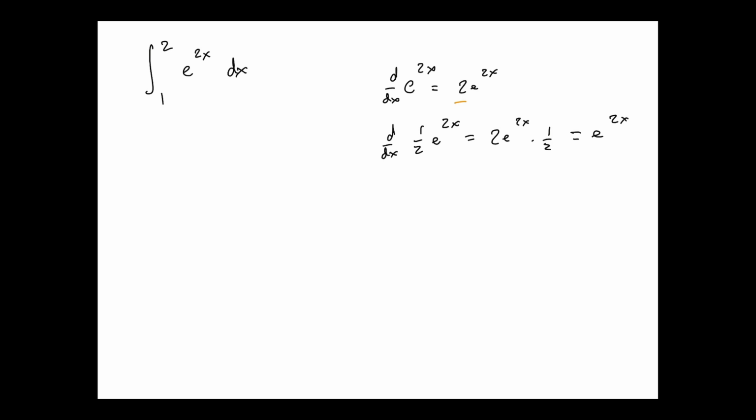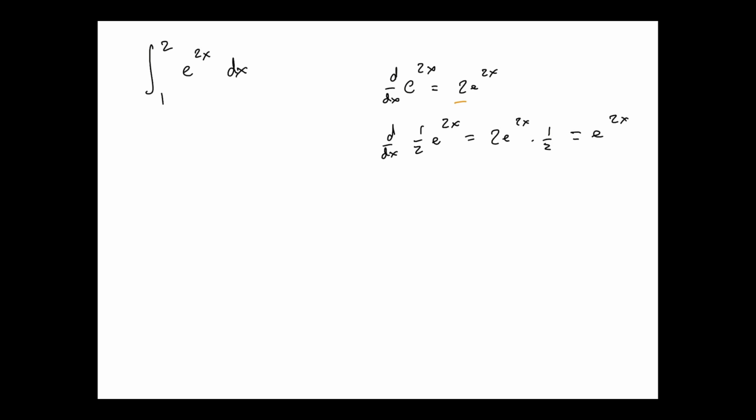And where did that 2 come from? It came from the chain rule. Yes? So could we maybe kind of think about doing the chain rule backwards? So if the chain rule tells us that we need to multiply by 2 for derivatives, what should the chain rule tell us for antiderivatives? You do the opposite, which in this case would be division.